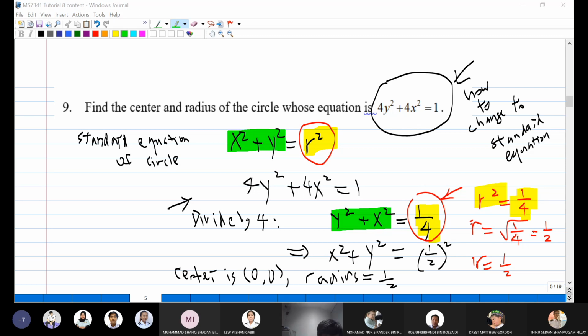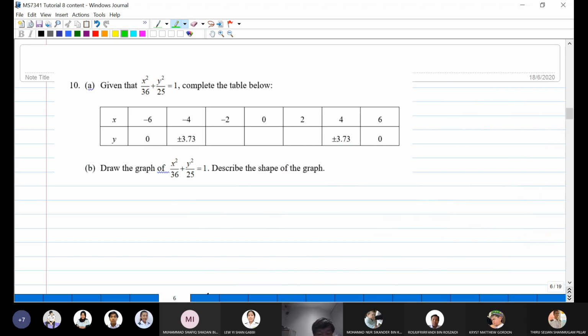So now I move on to question 10, which is actually for you to do, right? Question 10 is very similar to question 8. So 10 you do. You submit also, right?